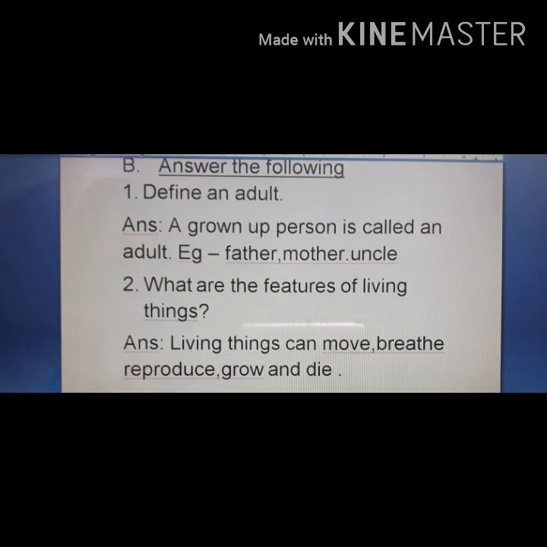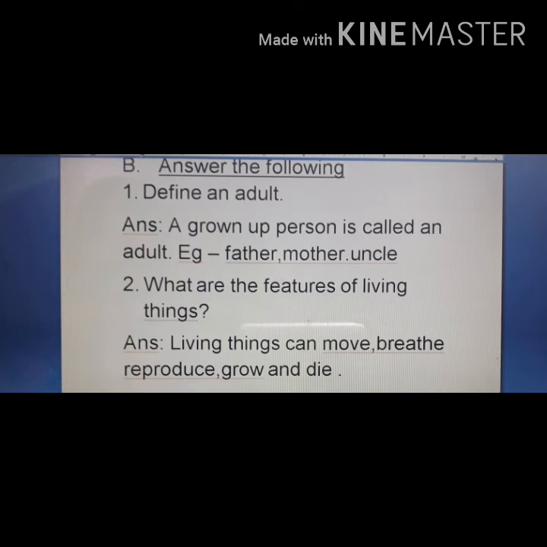Number 1, define an adult. Answer, a grown-up person is called an adult. Example, father, mother, uncle. Question number 2, what are the features of living things?